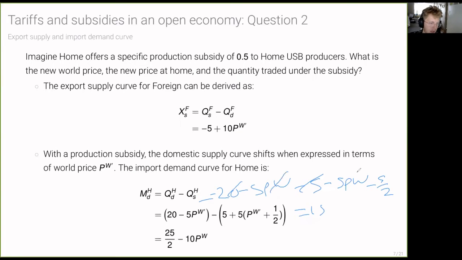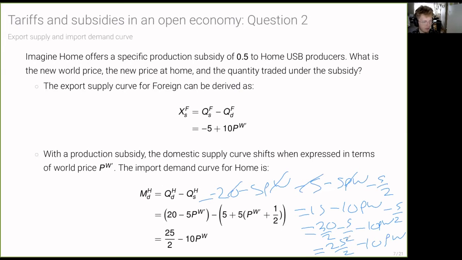These terms combine to give us negative 10 PW, and we still have 5 over 2. And so then 15 is the same as 30 over 2 minus 5 over 2 minus 10 PW, and so that gives us 25 over 2 minus 10 PW.